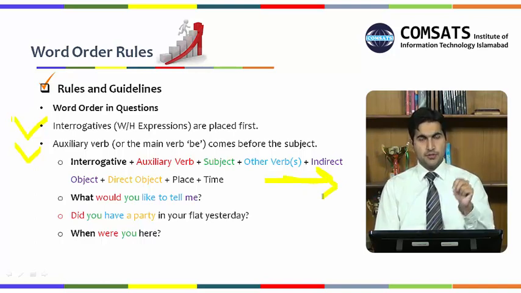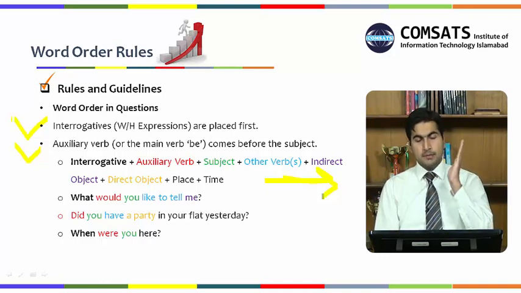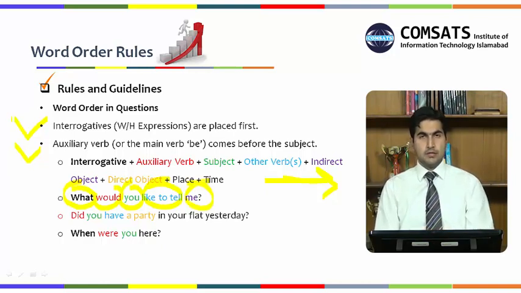The interrogative expression, WH, then the auxiliary, then the subject, then verb, indirect, direct, place, time. So what would the auxiliary, subject, verb, like, tell indirect object me?